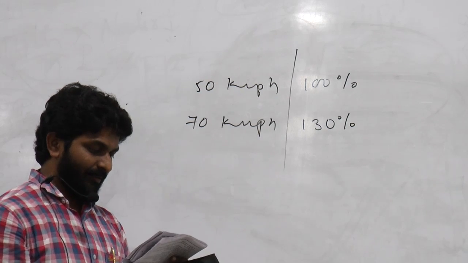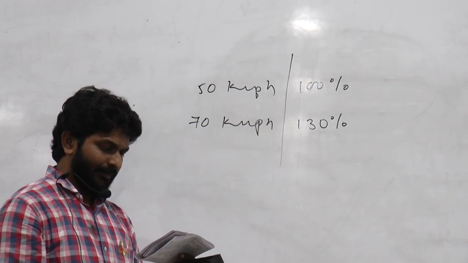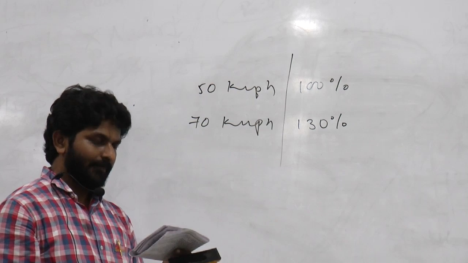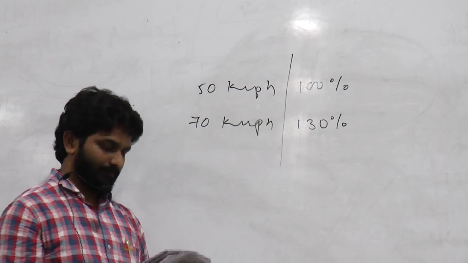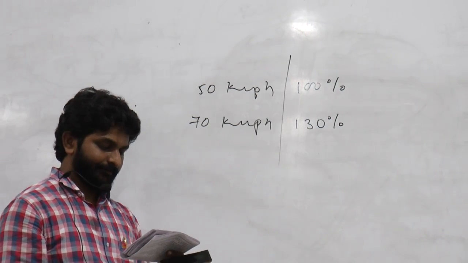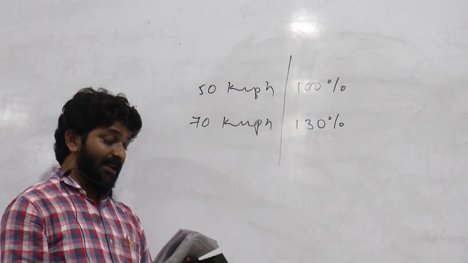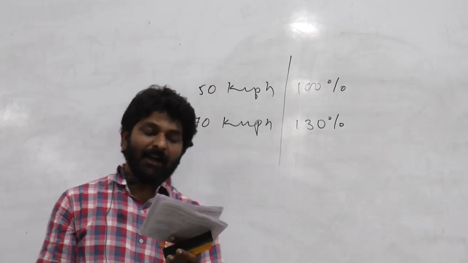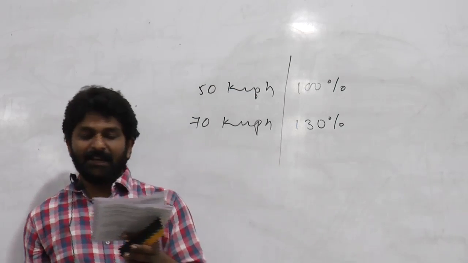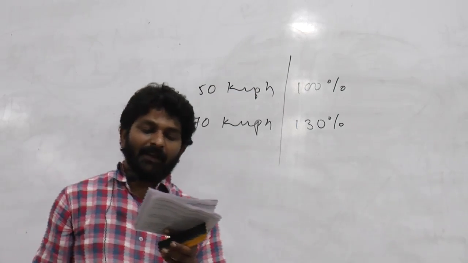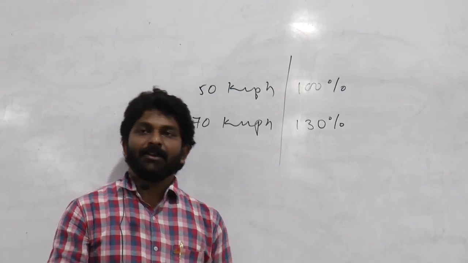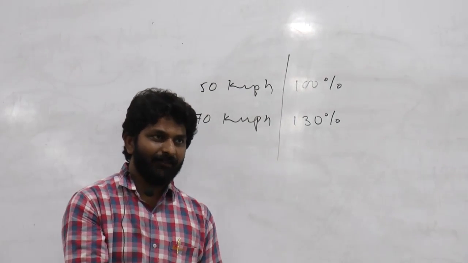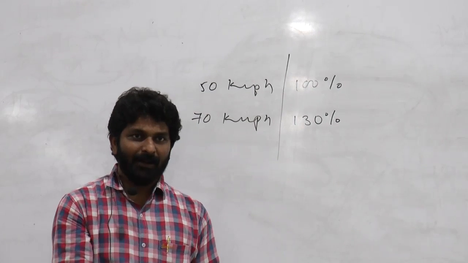Okay, next. Mileage is 19.5 km per liter of diesel at 50 km per hour. How far can the truck travel on 10 liters? So if you have only 1 liter, you can travel 19.5 kilometers with the speed of 50 km per hour.